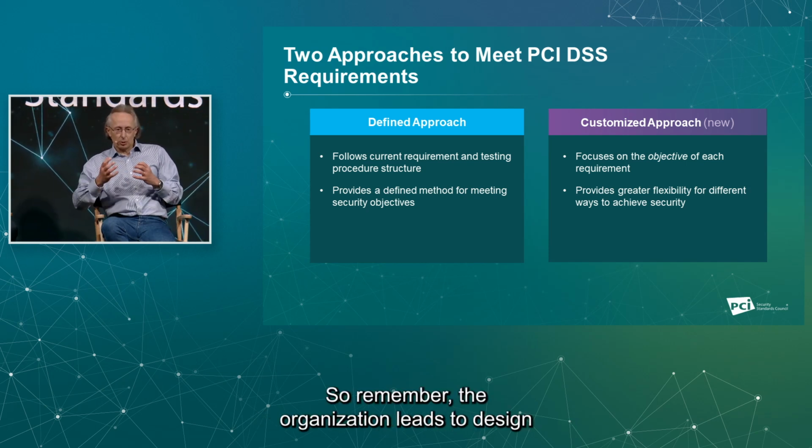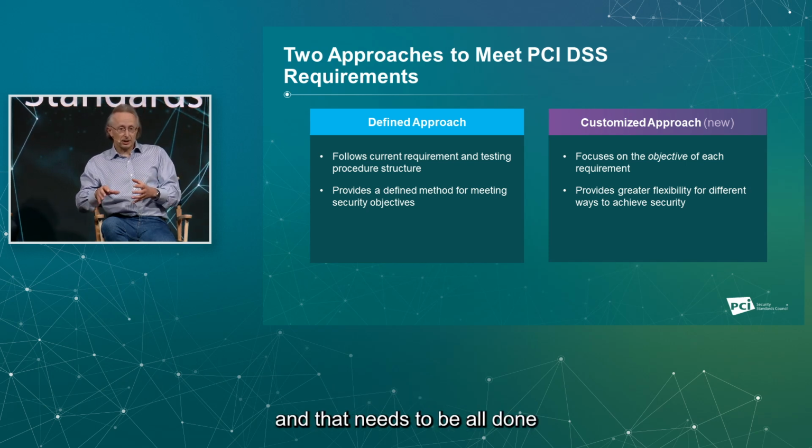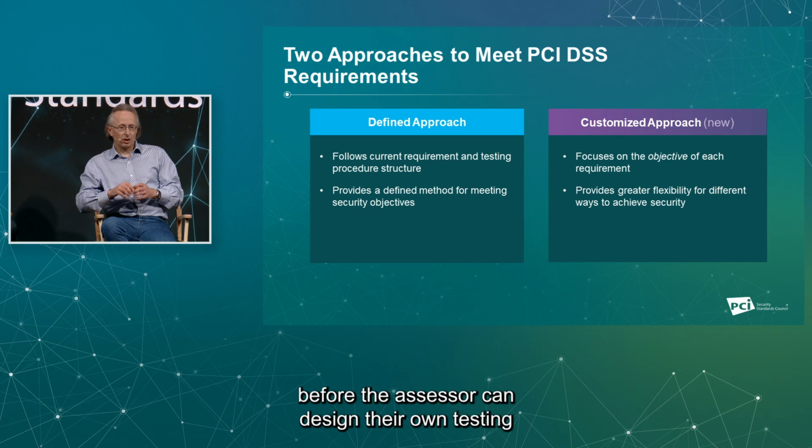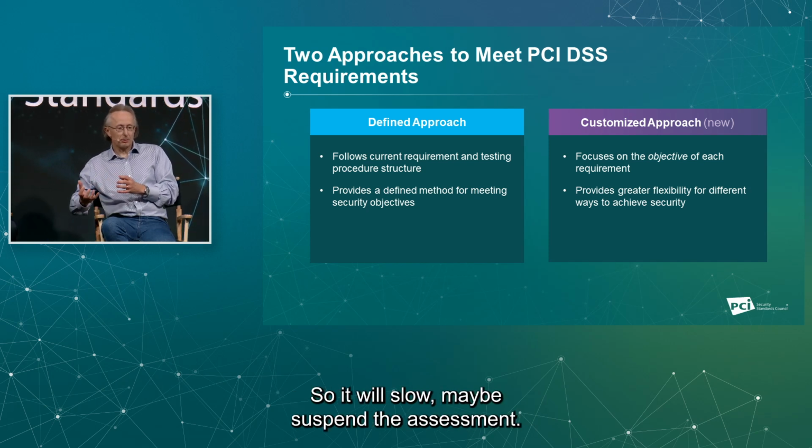So remember, the organisation needs to design the customised approach. It needs to test it, implement it, document it. And that needs to be all done before the assessor can design their own testing to validate the implementation of the customised approach. So it will slow, maybe suspend the assessment.